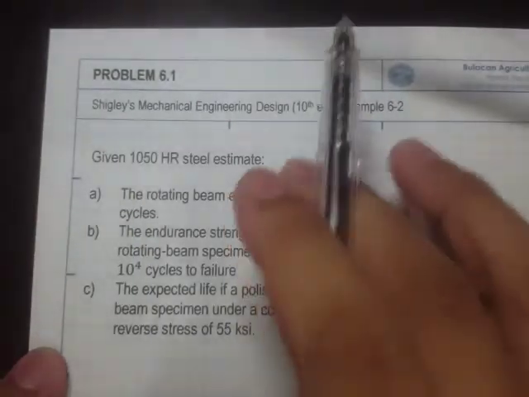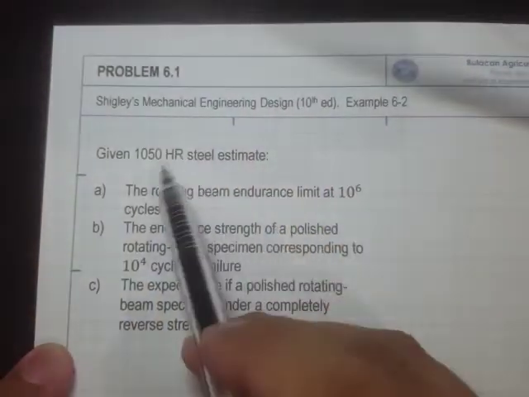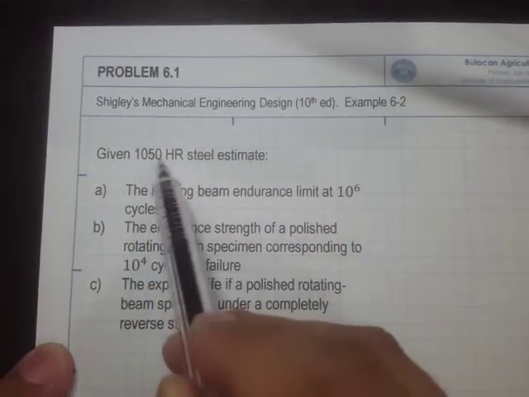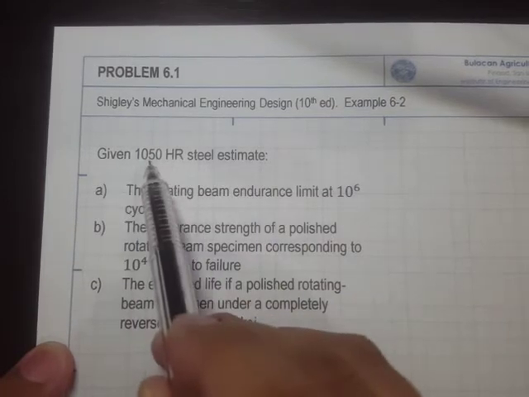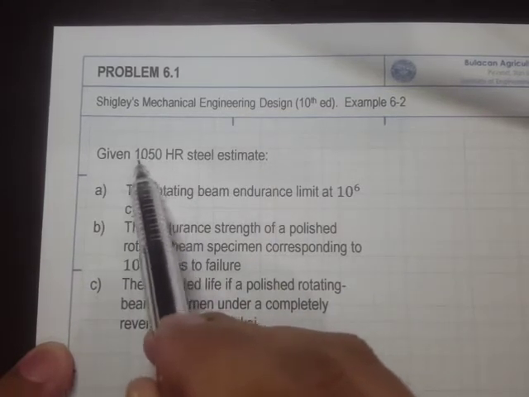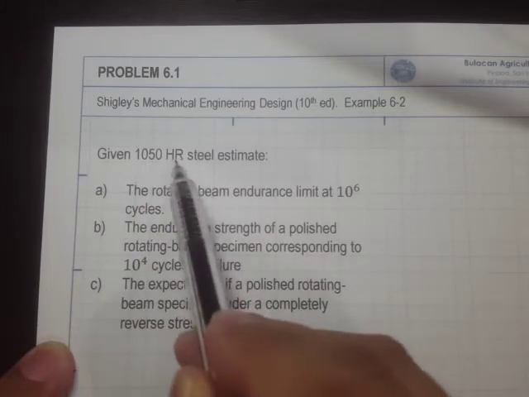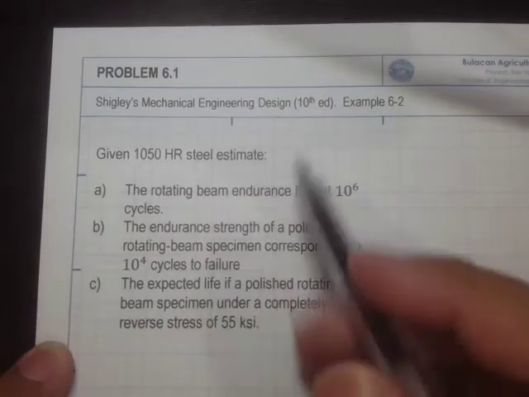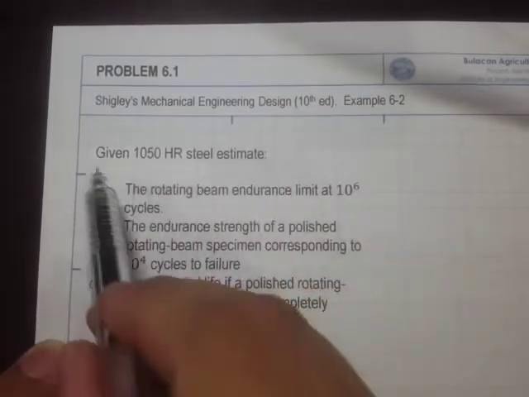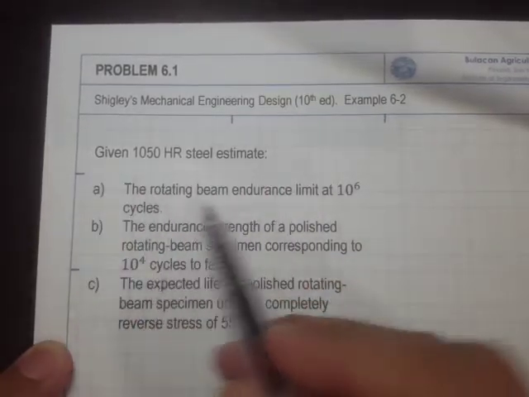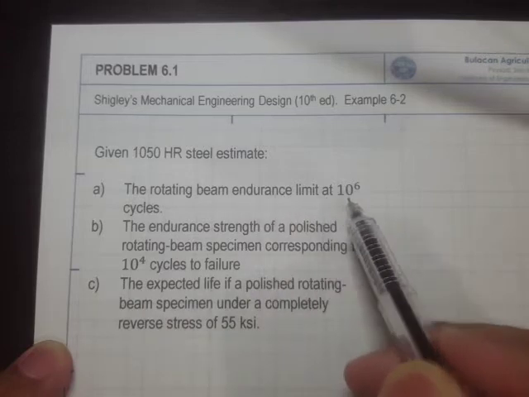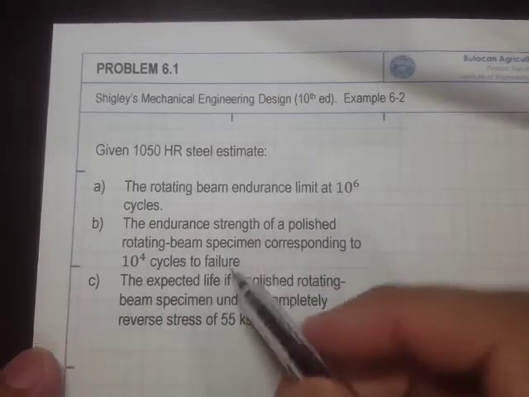The problem says that given 1050 HR steel, this is the designation of steel 1050, and HR stands for hot rolled. Given this, we are to estimate the rotating beam endurance limit at 10 to the 6 cycles.